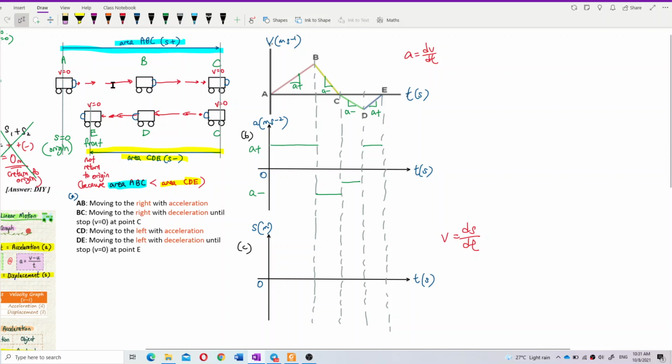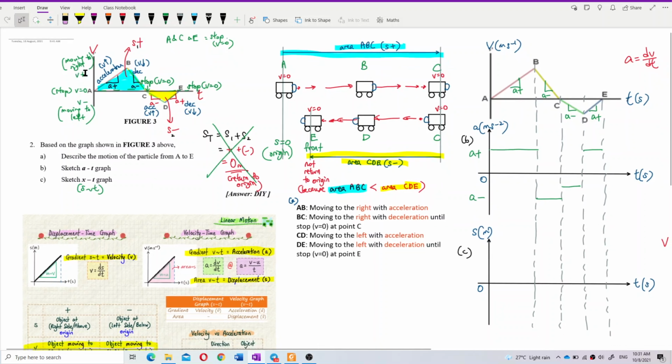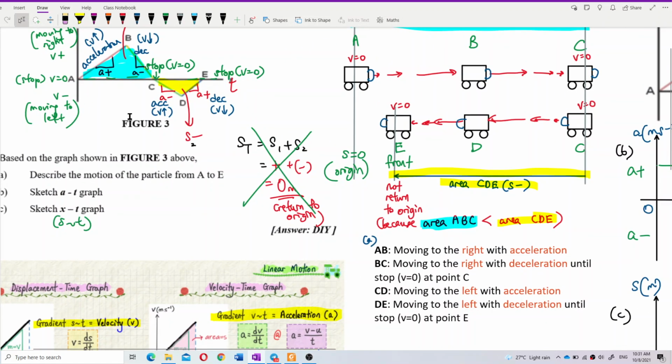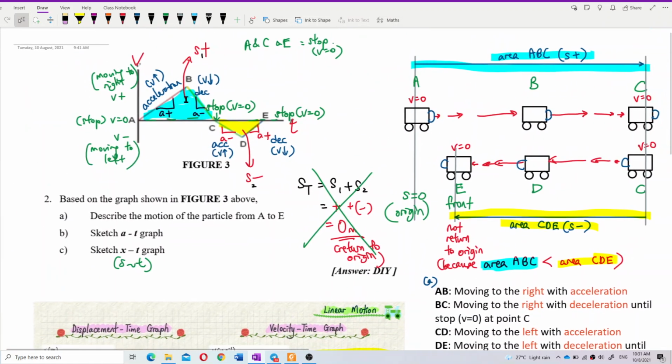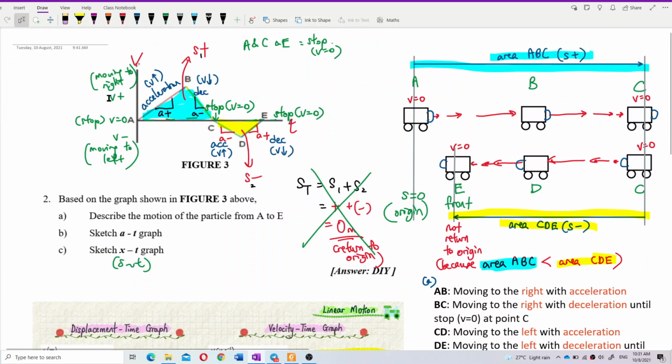Going to the right, because velocity is positive. I already explained moving to the right and moving to the left. I already drew a picture for you, so you should use the picture. ABC is all moving to the right, CDE is all moving to the left, because of velocity positive and velocity negative.